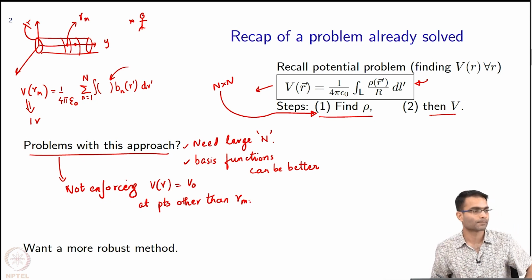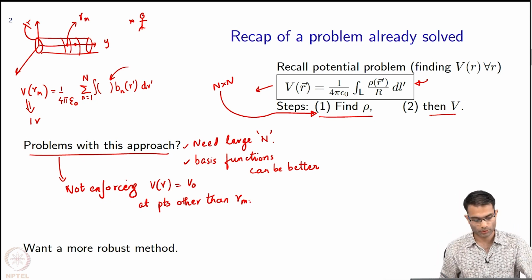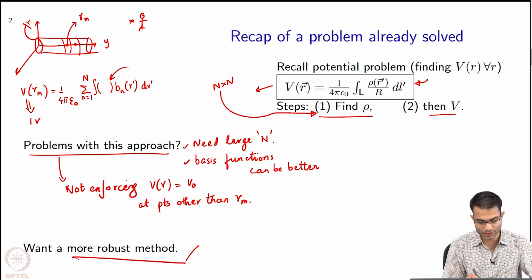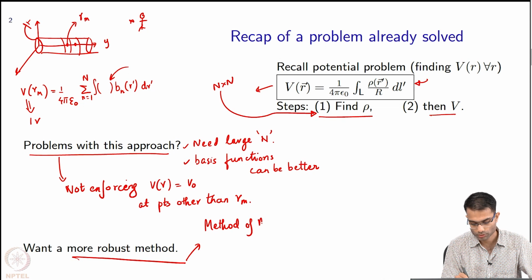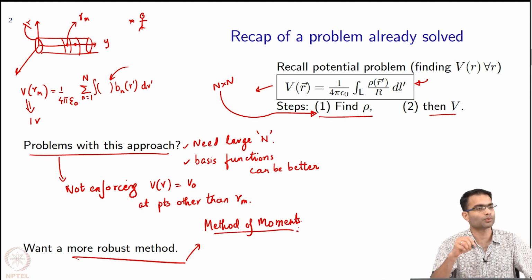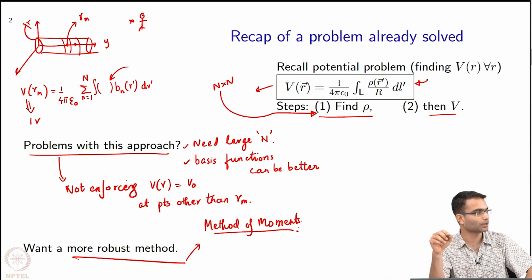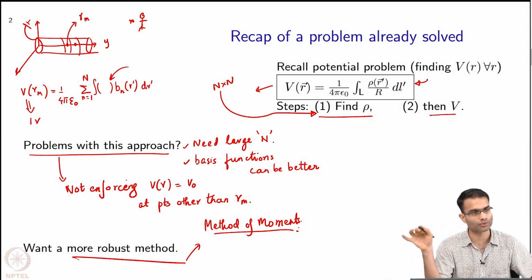Okay. Right. So the more robust method is what is called the method of moments. And this method of moments is actually a very general term. It includes integral equation methods. It also includes finite element methods. Okay, so it's found throughout engineering.